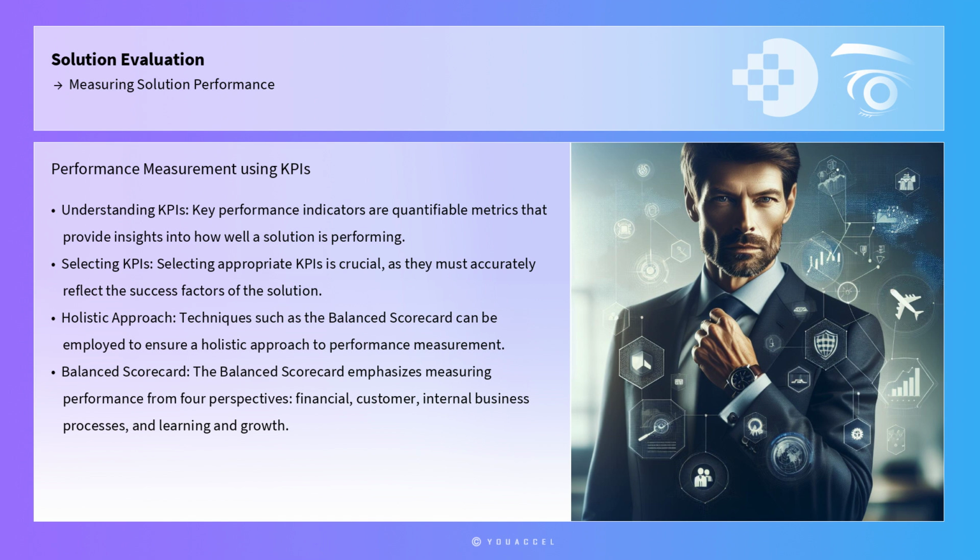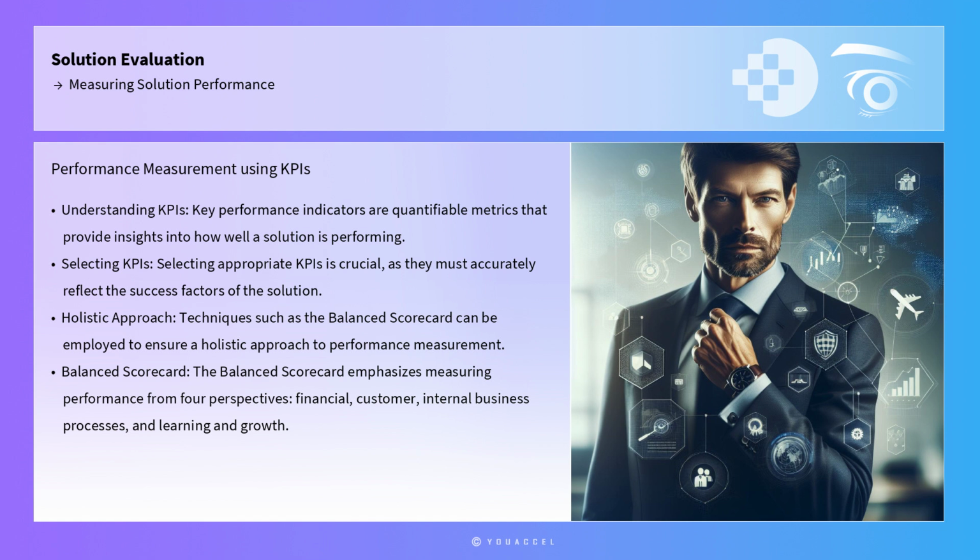Once objectives are established, key performance indicators are utilized to measure the solution's performance against these objectives. KPIs are quantifiable metrics that provide insights into how well a solution is performing. Selecting appropriate KPIs is crucial, as they must accurately reflect the success factors of the solution.